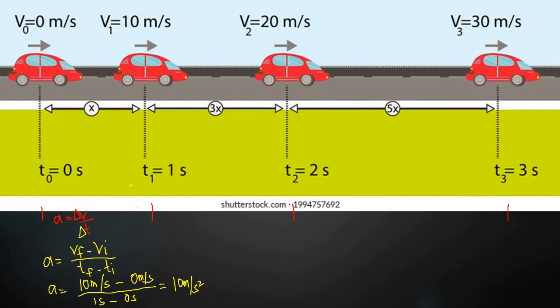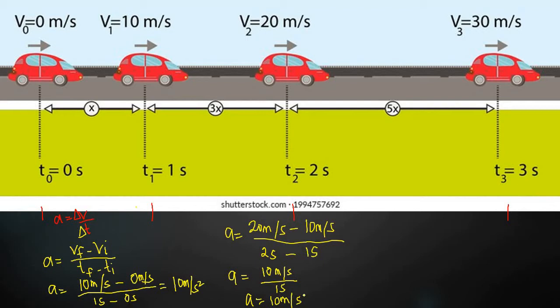We're going to compute for the acceleration from 1 second to 2 seconds. So the same formula, a is equal to vf, which is 20 meters per second, minus our initial velocity of 10 meters per second, over final time 2 seconds minus 1 second. a is equal to 20 minus 10, that's 10 meters per second divided by 1 second. a is equal to 10 meters per second squared.